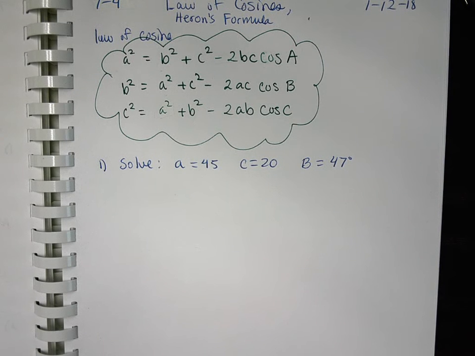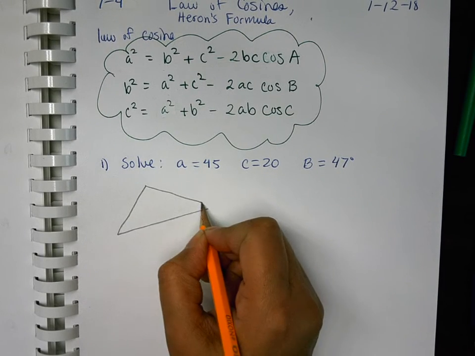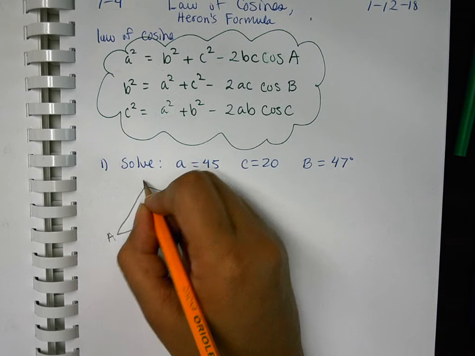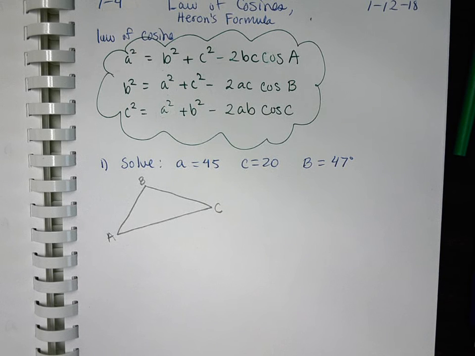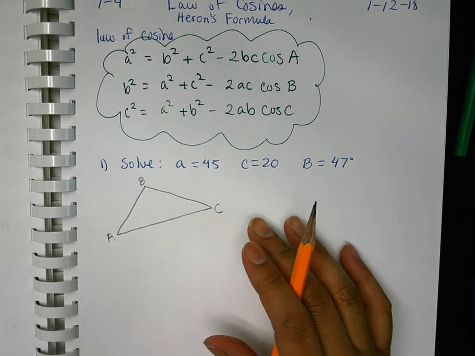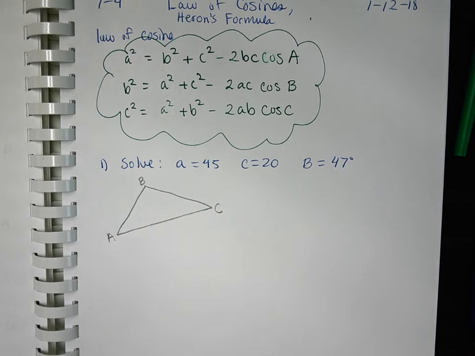Got it? Okay, so let's go ahead and set this up. We're going to draw our triangle. Remember, it is not a right triangle. She's asking, can we use a squared plus b squared equals c squared to find the missing side?